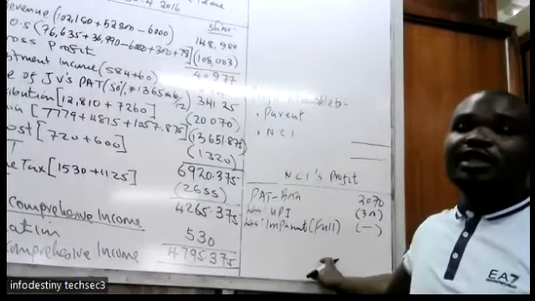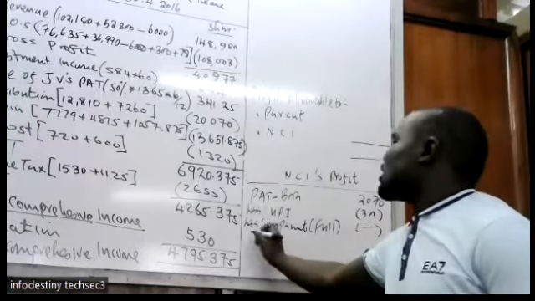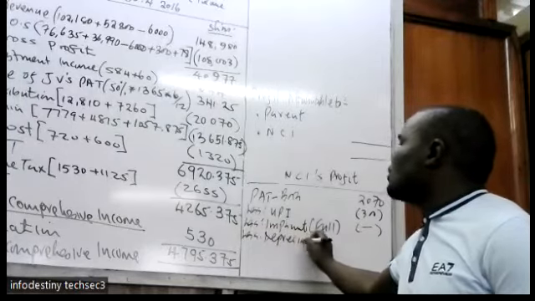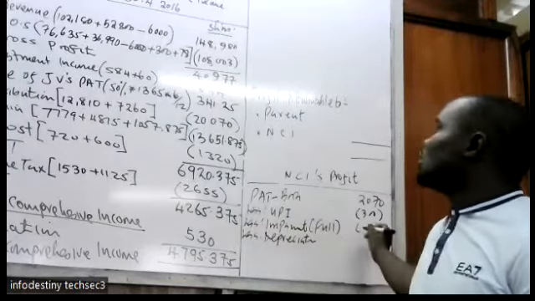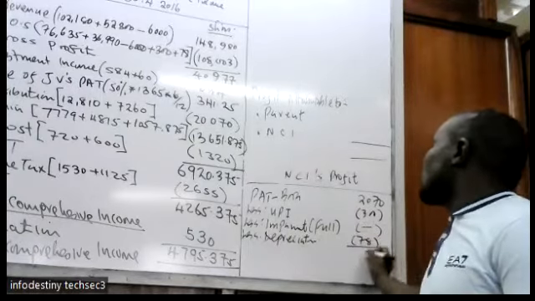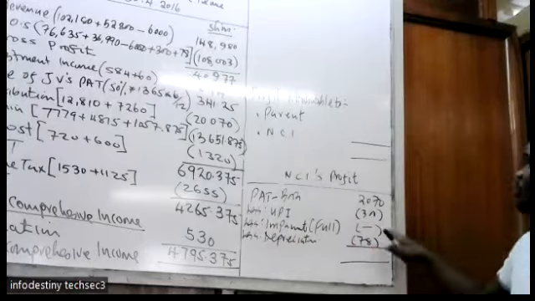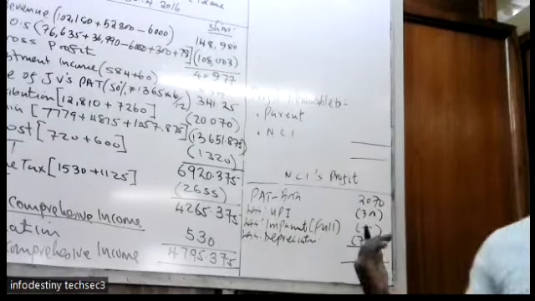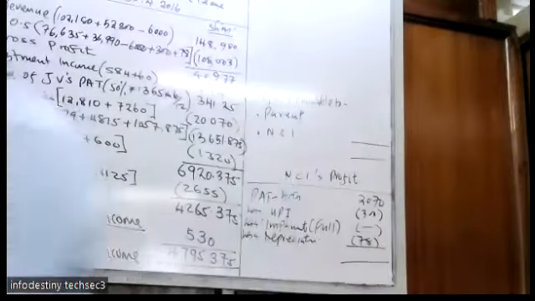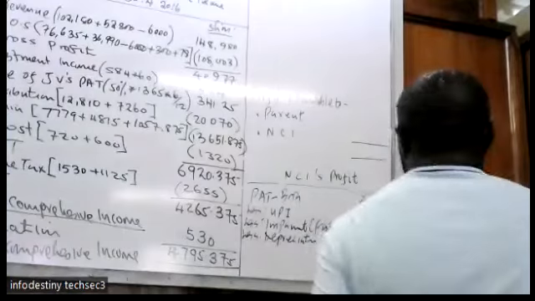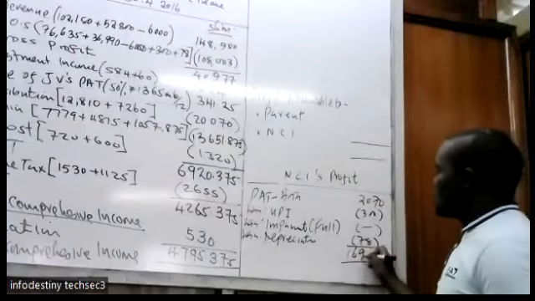NCI never participated in impairment determination, but there was depreciation. There is an asset of Bora which was being depreciated. Depreciation was 78. That one you have to subtract. So get the good profit of the subsidiary. This is the adjusted profit of the subsidiary. NCI will take their share. 1692.